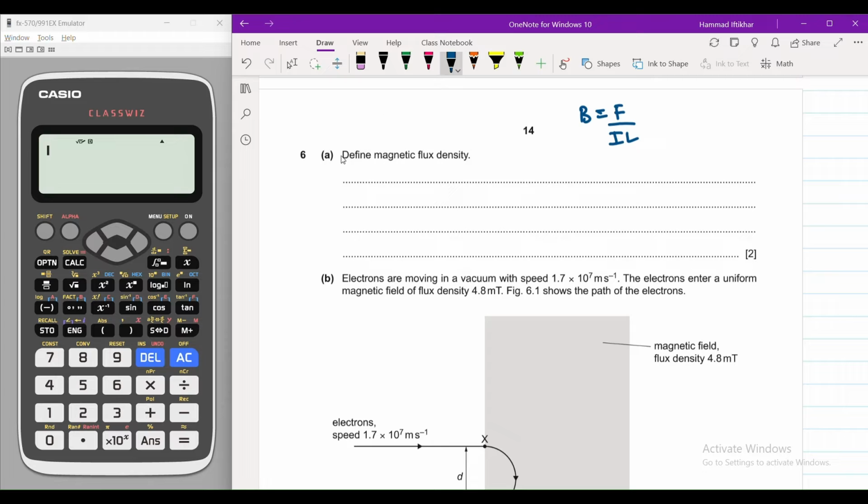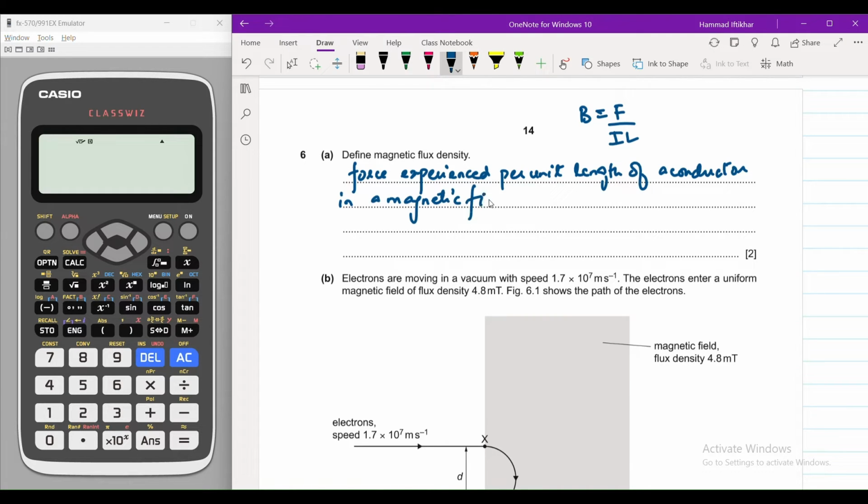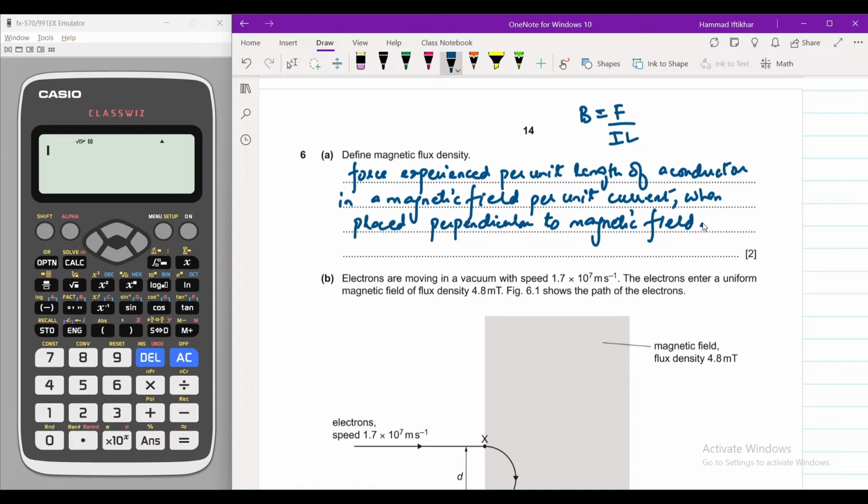This is the force experienced per unit length of a conductor in a magnetic field per unit current when placed perpendicular to the magnetic field. We can also say magnetic field direction, but that's fine also.